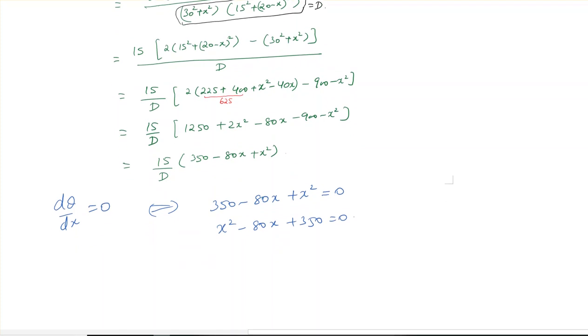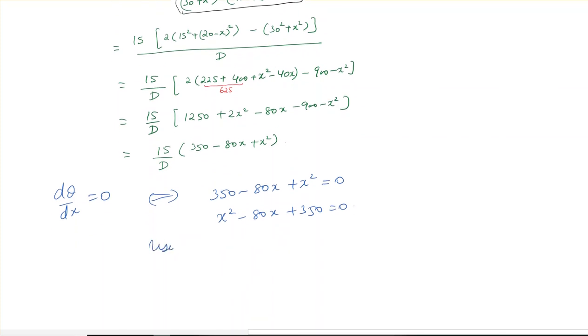If you use the calculator, you will see that we get two values of x. So x is equal to 75.4 meters, or x is equal to 4.64 meters.